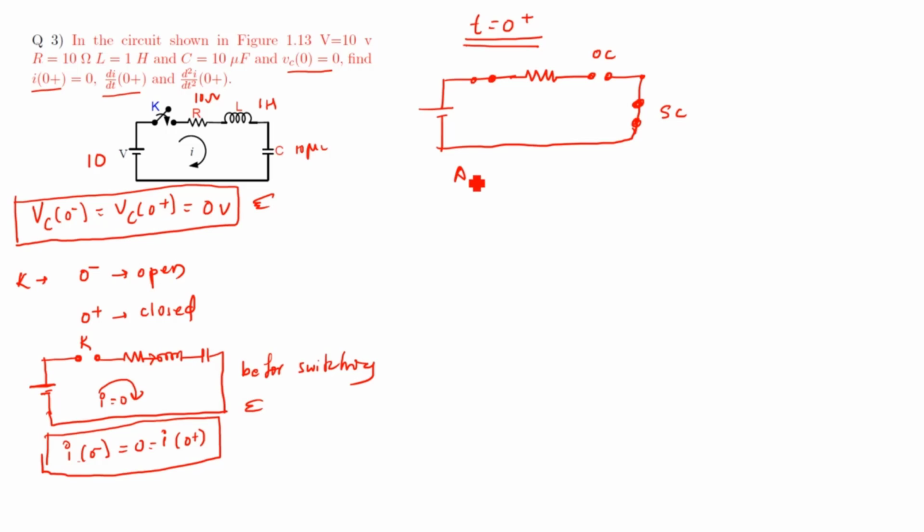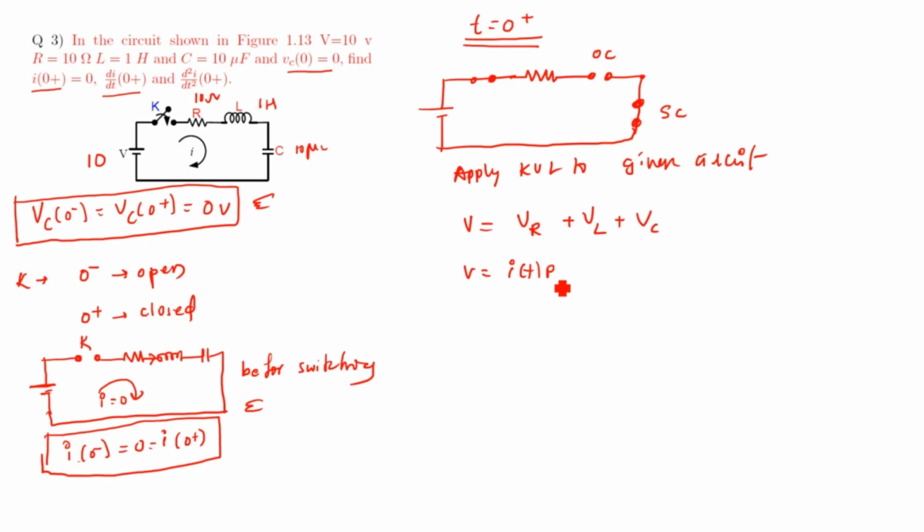Now apply KVL to the given circuit. What is that? V equals voltage across resistor plus voltage across inductor plus voltage across capacitor. What is the voltage across resistor?